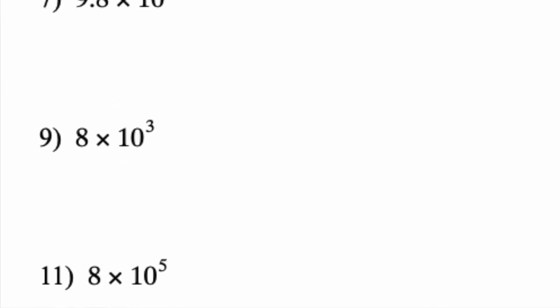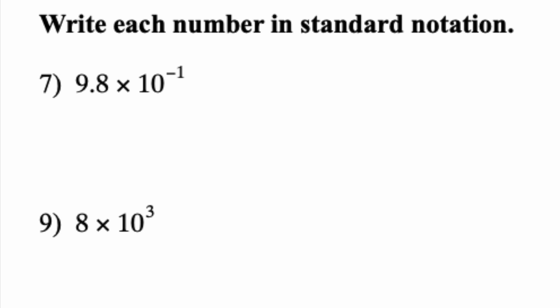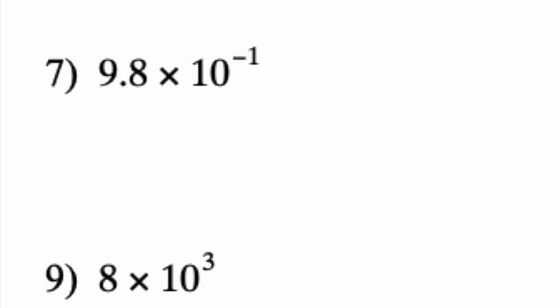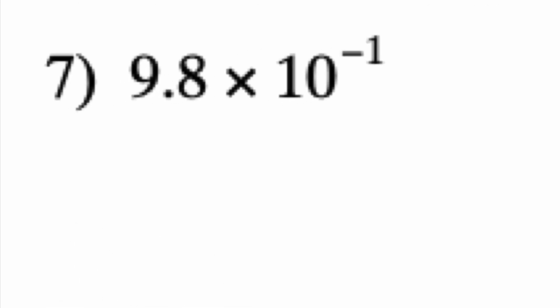So going from scientific notation back to standard notation, you basically just do the opposite of moving the decimal. So here we have 9.8 times 10 to the negative 1. Now because our exponent is negative, we know that this number is going to be less than 1.